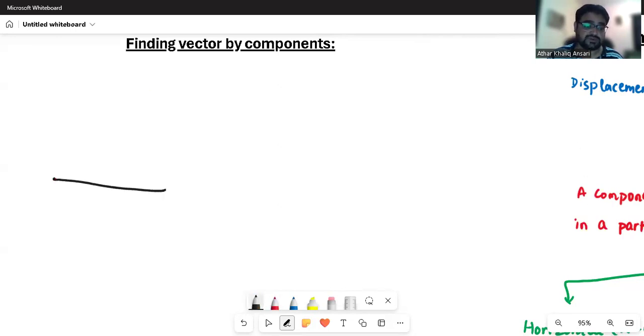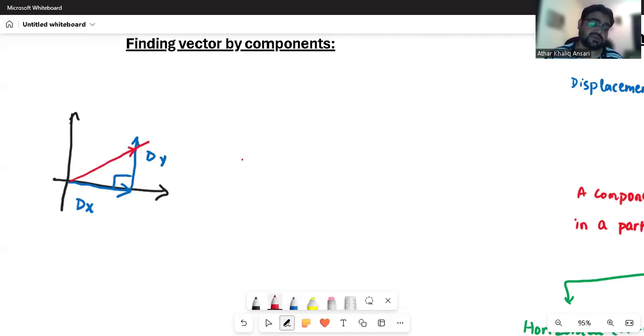This is the x-axis, this is the y-axis, and you have two components of displacement. Let's say this is dx, you know the value, and this is dy. As you know, dx and dy are perpendicular to each other. You know these and you are asked to find their resultant vector d.